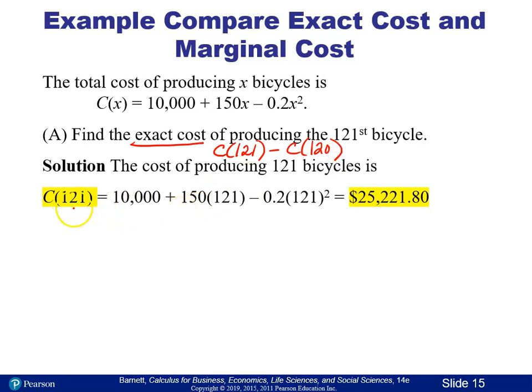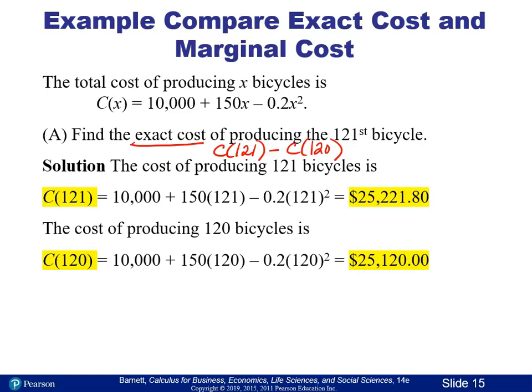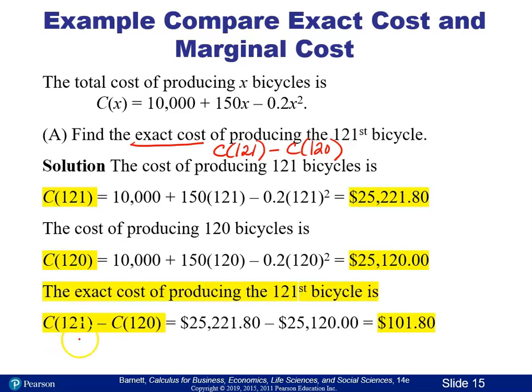So the cost of producing the 121st, if I plug into this cost function, is going to be $25,221.80. I need to do the same thing with the cost of producing 120 bicycles, and then I need to subtract those. And so what I see is the exact cost is $101.80.